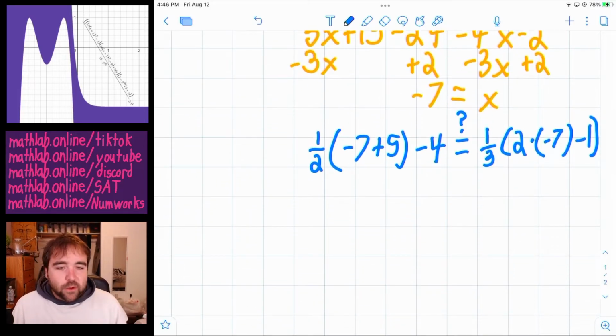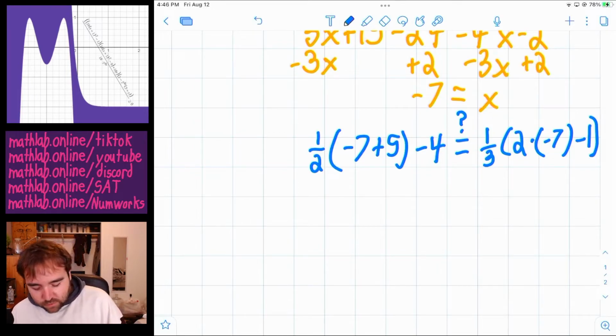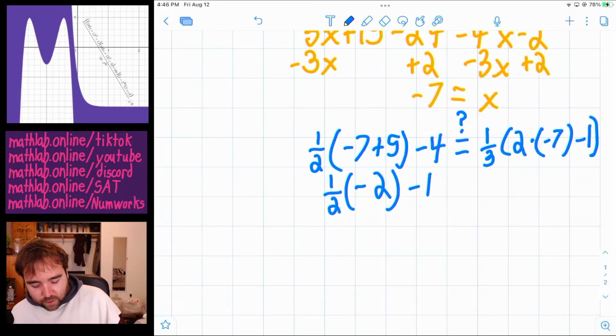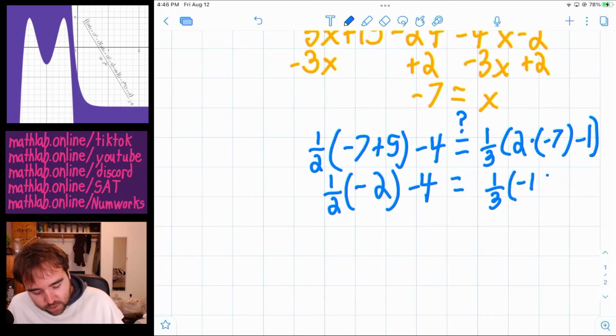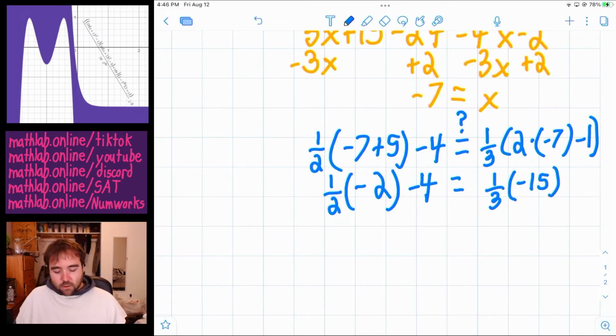So here, for one, people are tempted to try to distribute the 1/2, but you don't do that because you just have numbers in the parentheses now. You just do that in the parentheses. So that's -2. So we have -2 times 1/2 minus 4. And then over here, 2 times -7, -14, -14 minus 1, -15. So 1/3 of -15. Do those equal each other?